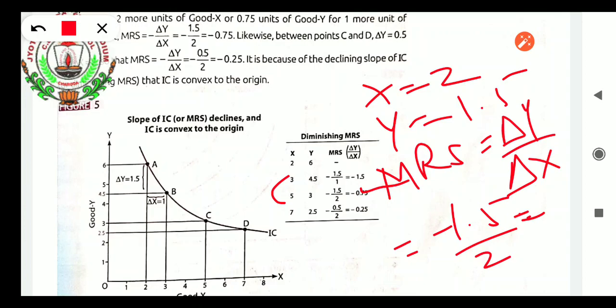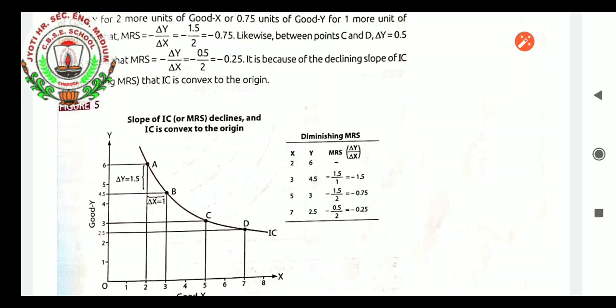Now from this particular table, I think you have come to know what diminishing MRS is. As we are getting satisfaction from commodity Y, see here earlier it was 6 units and X was very less, 2 units. It means when we consume more of Y, we get maximum satisfaction due to human nature. Now we will start diminishing.